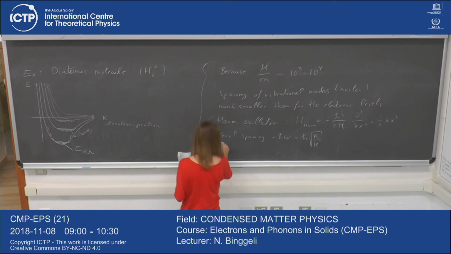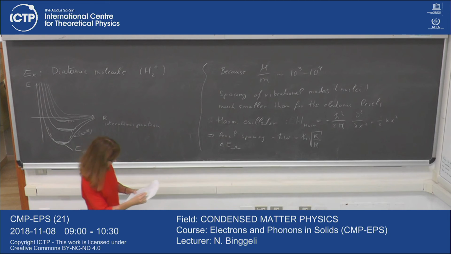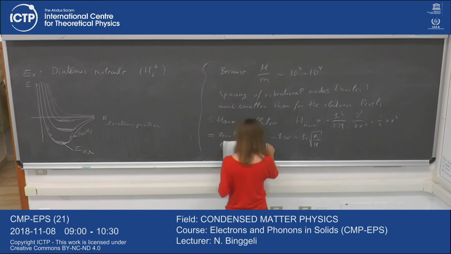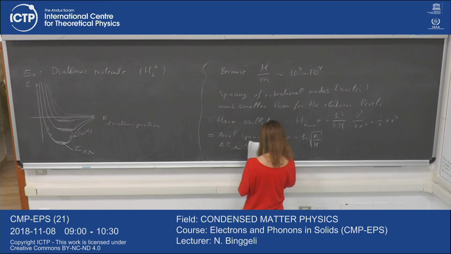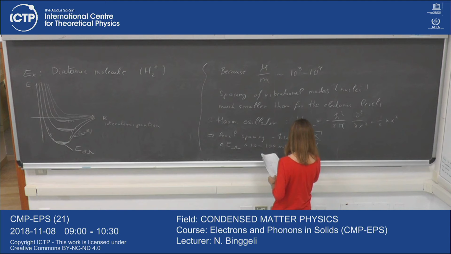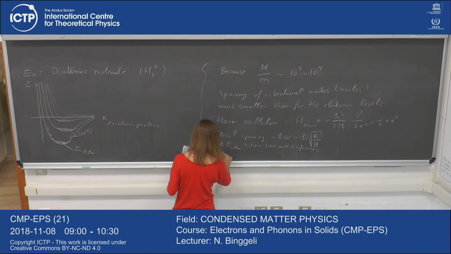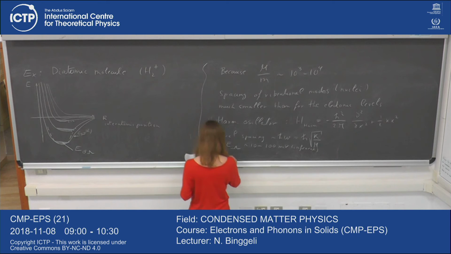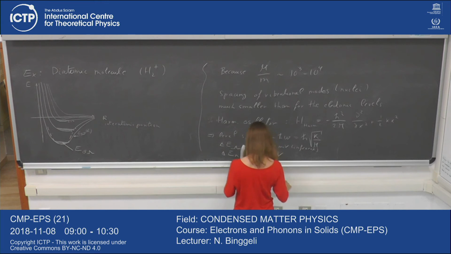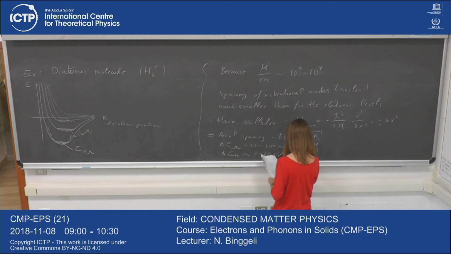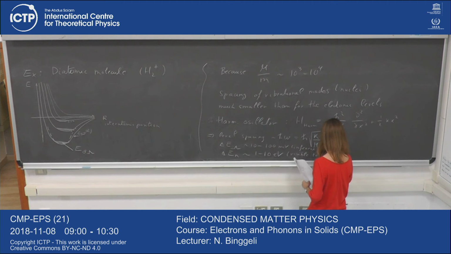So just to be quantitative, in practice this delta E related to the vibrational mode is of the order of 10 to 100 meV. So the nucleus vibration corresponds to the infrared frequency, whereas the difference between the electronic levels, delta En, is of the order of 1 to 10 eV, which is in the visible or ultraviolet.